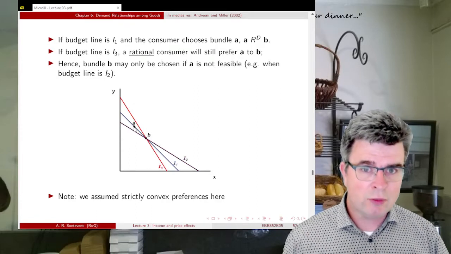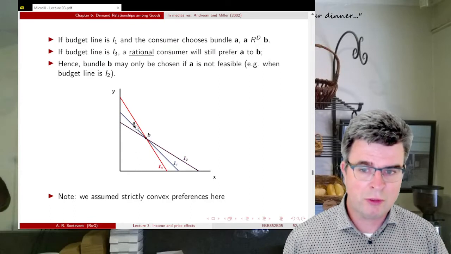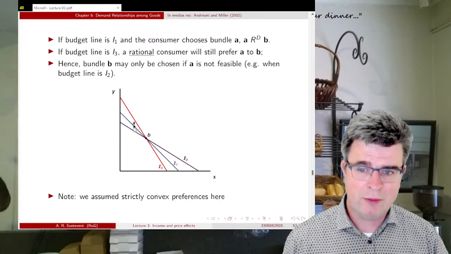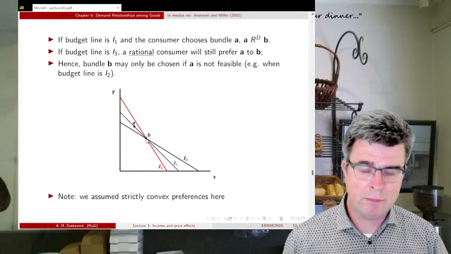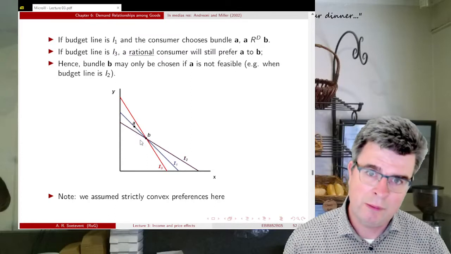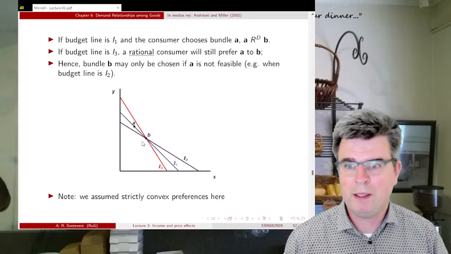And bundle A contains relatively a high number of units of Y and not as many units of X. So if the price of good Y is high, then he might afford bundle B, but not be able to afford bundle A. So in that case, we might observe this consumer buying bundle B.